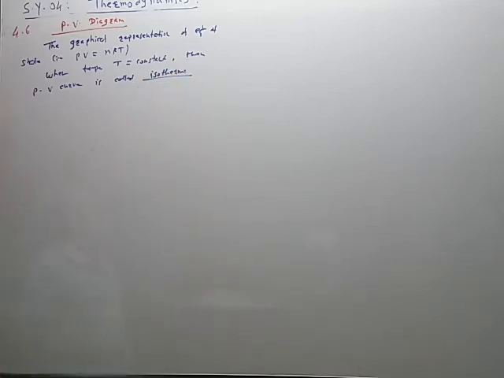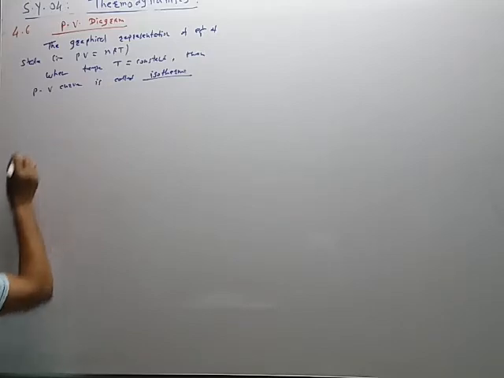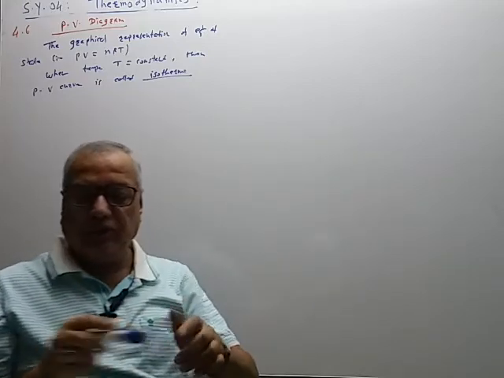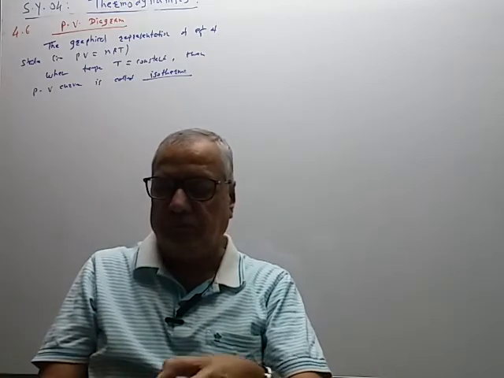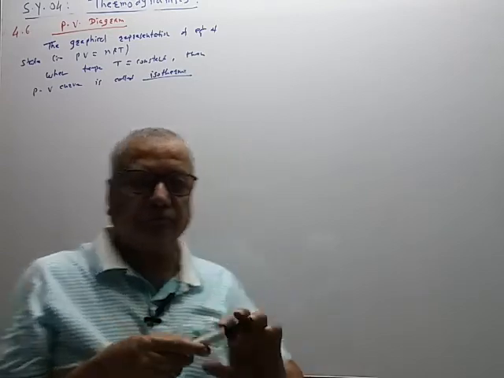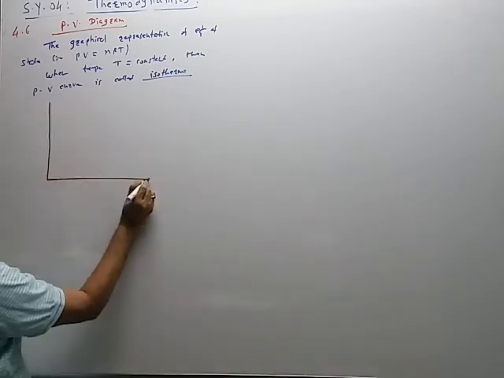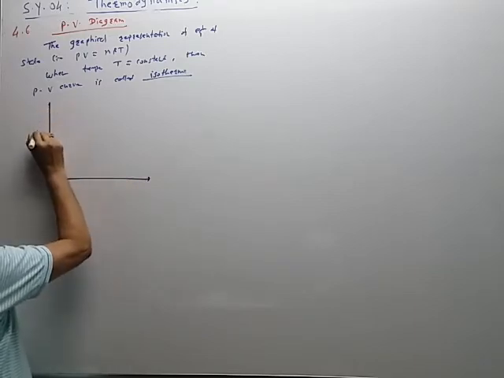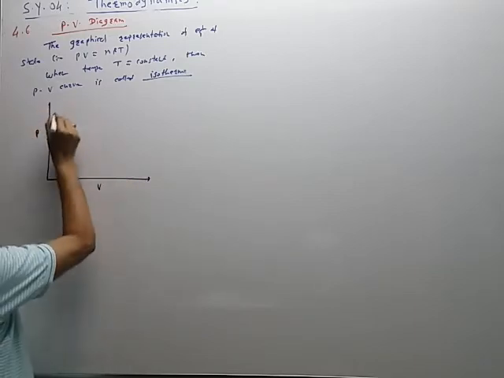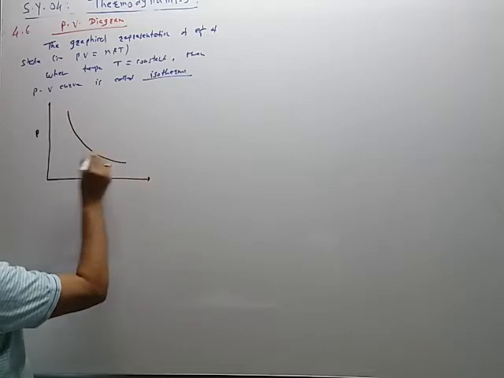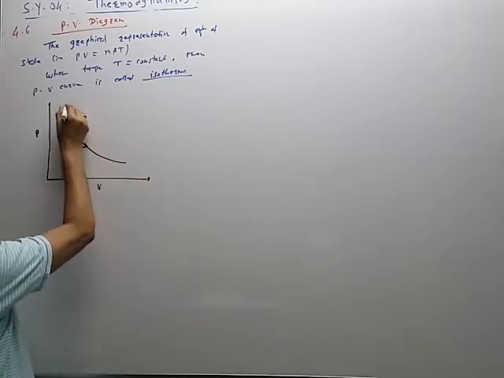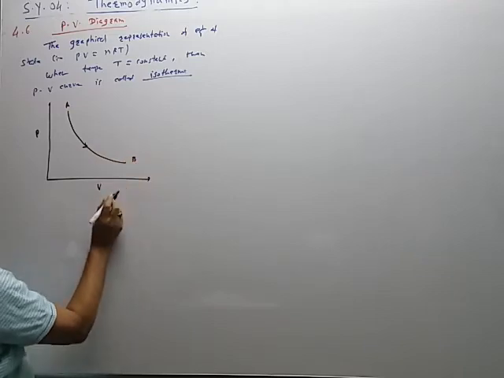So last time we have seen two types of PV curve. Pressure against volume. This is the initial state, this is the final state.